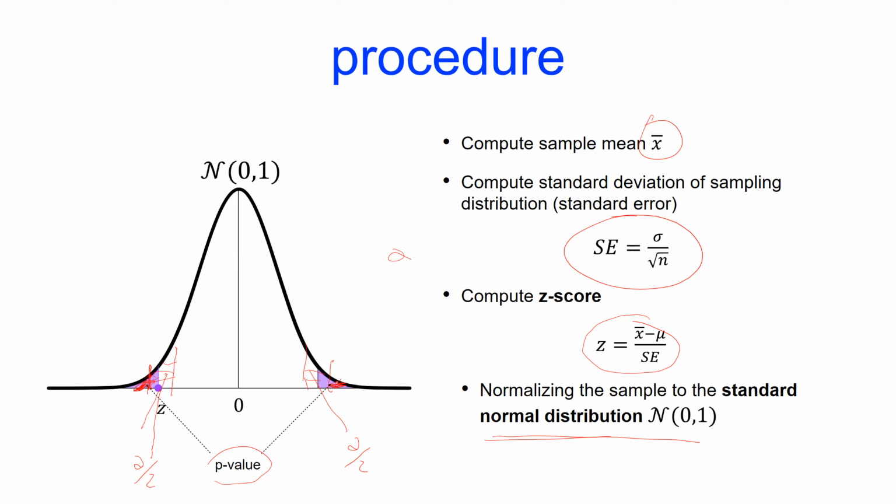So we can't reject our null hypothesis. We have to say this null hypothesis has to be accepted. So this is the general procedure.